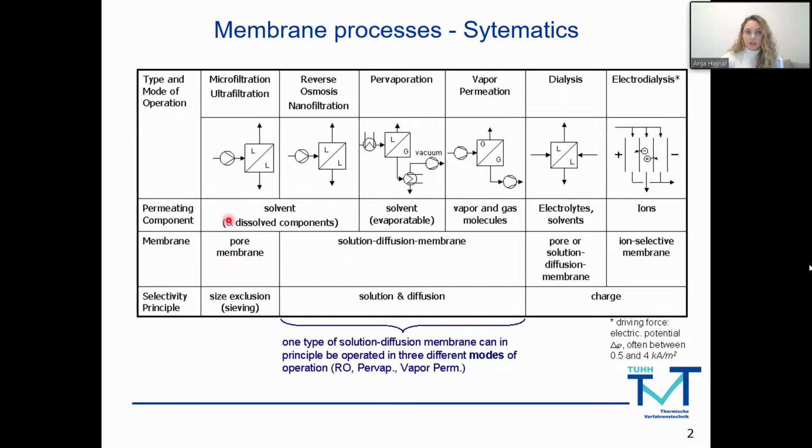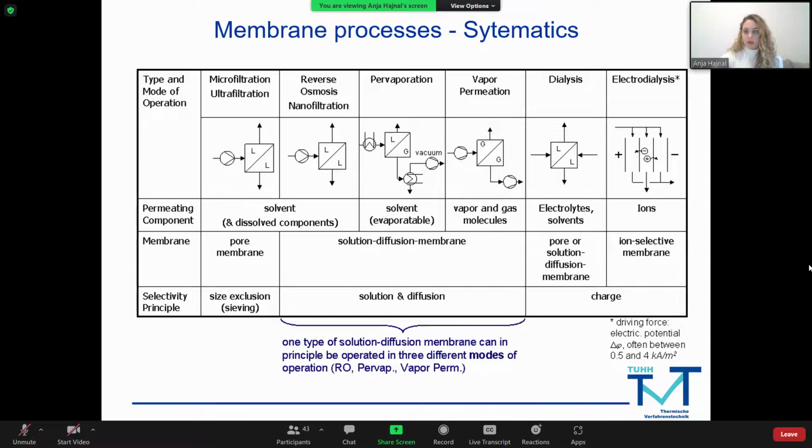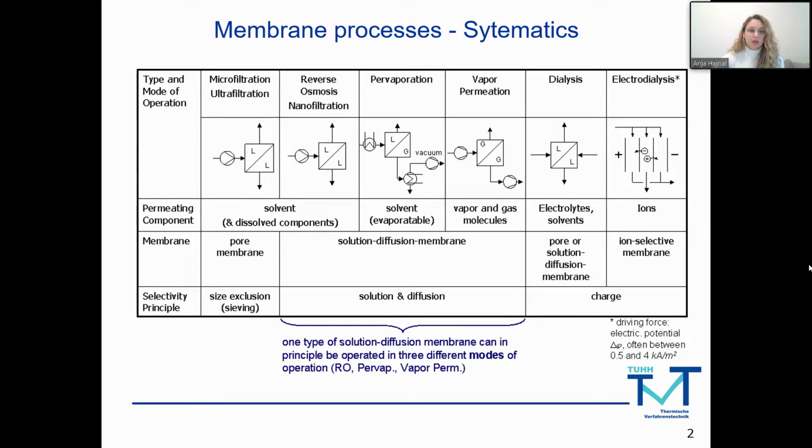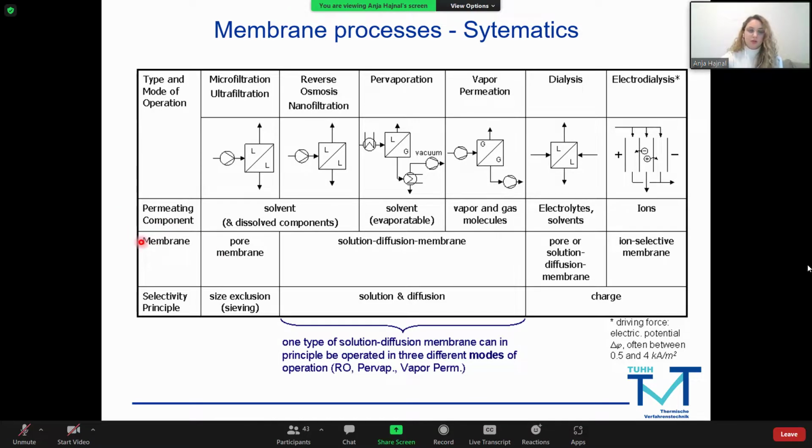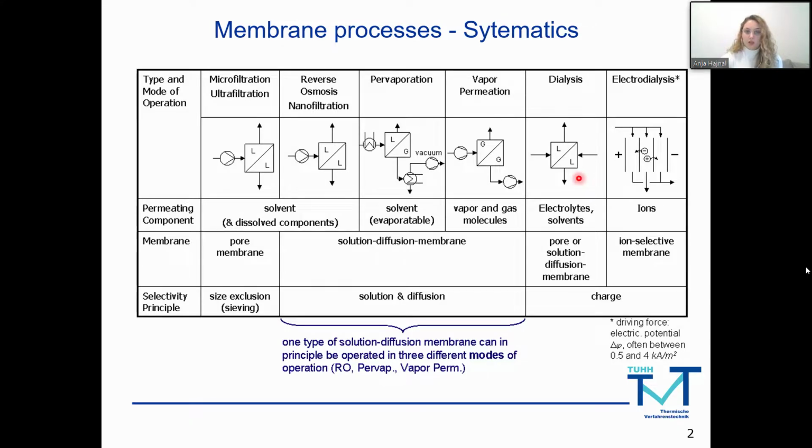This table that I'm showing you here is quite important. It can come as a question in an exam. Of course, not the whole table and not all unit operations, but you should know what are the basic types of membranes, selectivity principles, and driving forces, and also how to sketch the given operation.